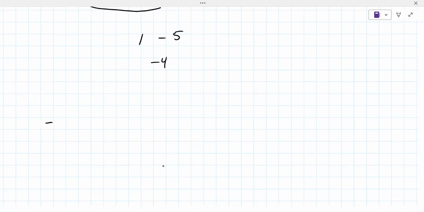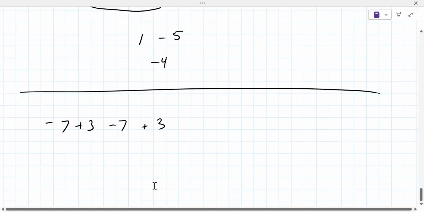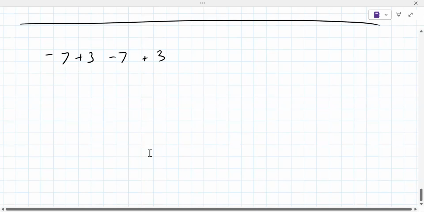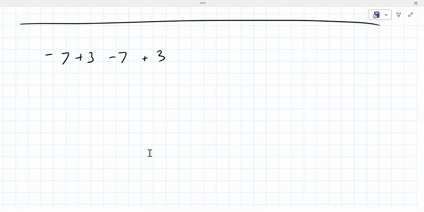So let's go -7 plus 3, -7 plus 3. Let me try that. Minus 4.